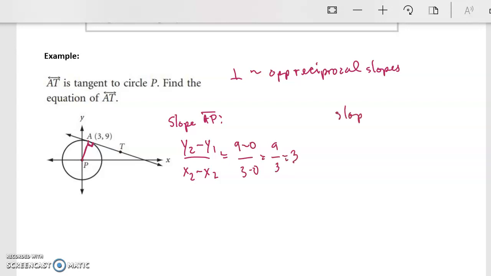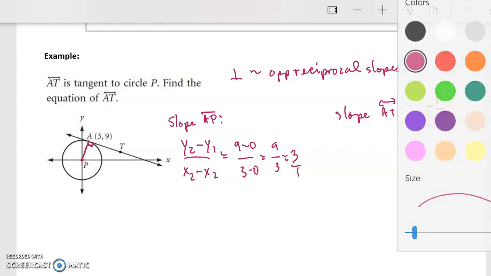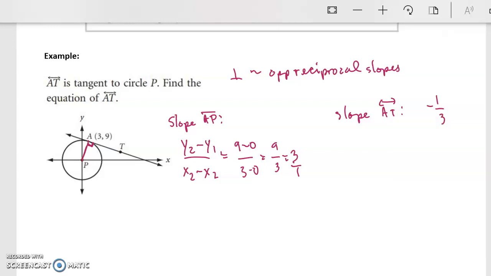So that means the slope of line AT is going to be negative 1/3, right? This is 3 over 1. The reciprocal is 1/3. So to find this line, I'm going to use point-slope form. And the point, of course, I'm going to use is point A. So y minus 9 equals negative 1/3. That's my m.